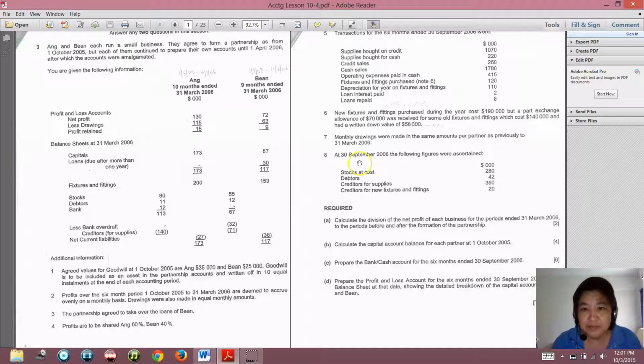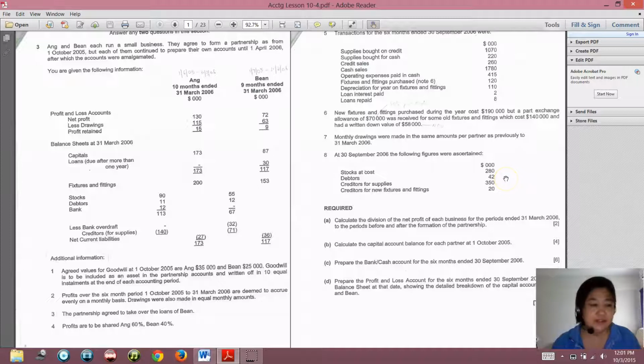But at the end of the period, your debtors is only 42. So you take that figure, then you minus 42. Okay, that will be 241. Because 11 plus 12 plus 260 comes to what your debtors are supposed to be assuming they paid nothing, but they only owe 42.